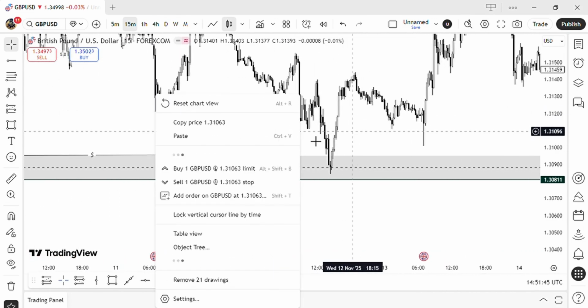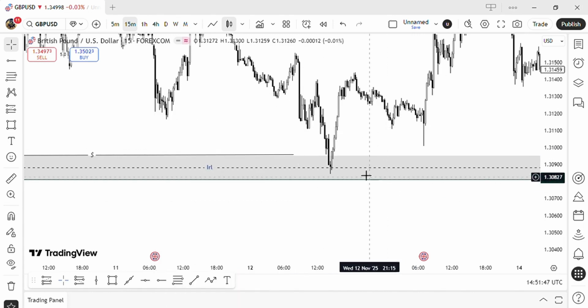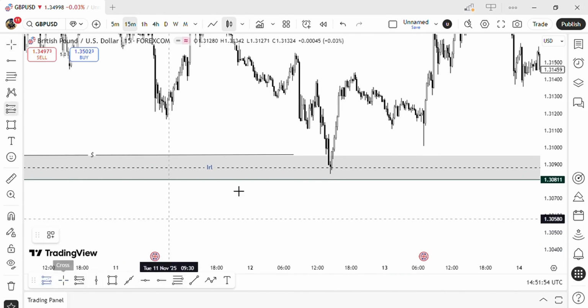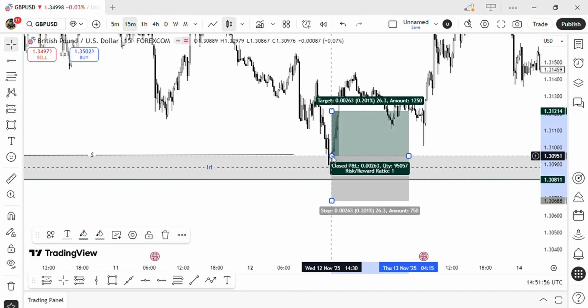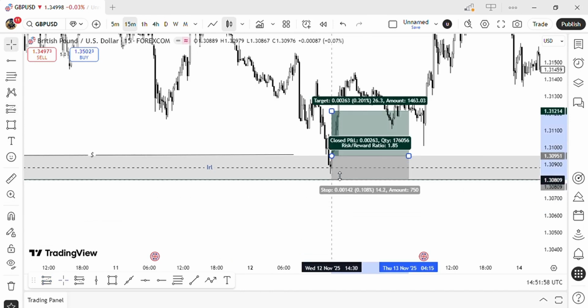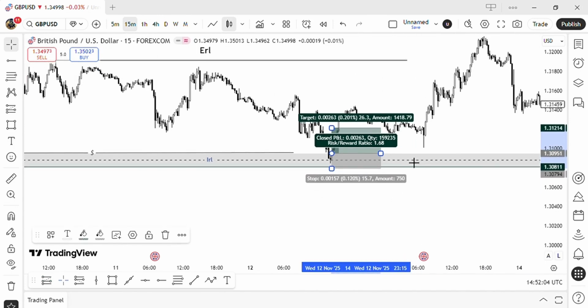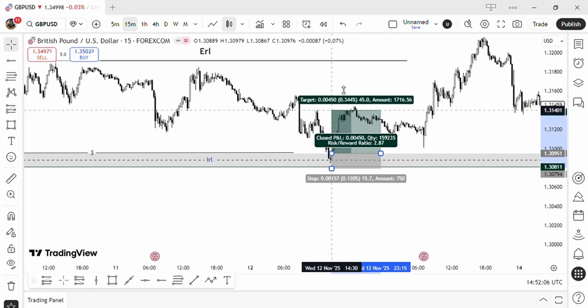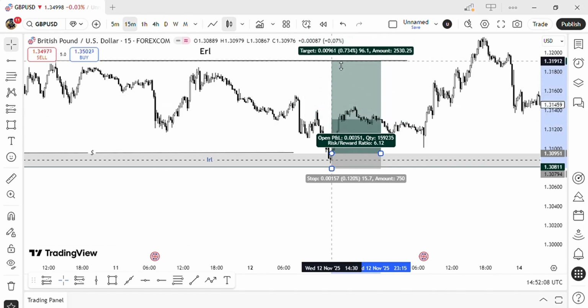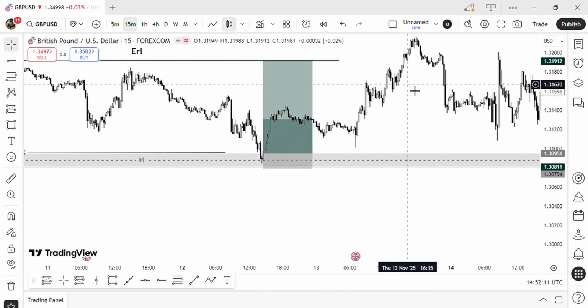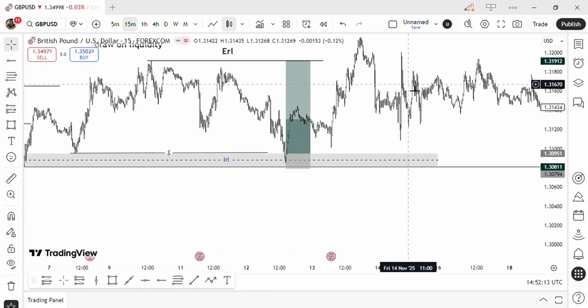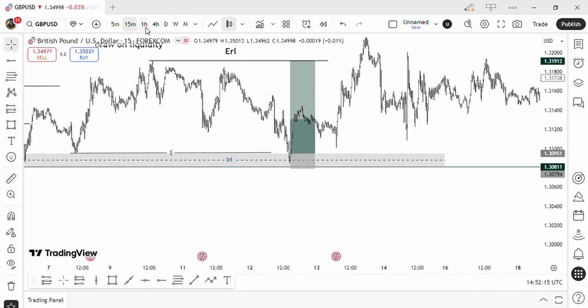That way, you see what price did: cleared the inducement into the strong structure, and that could have given us an easy, let's see what our risk to reward could have been, an easy 6 risk to reward on GBP USD.